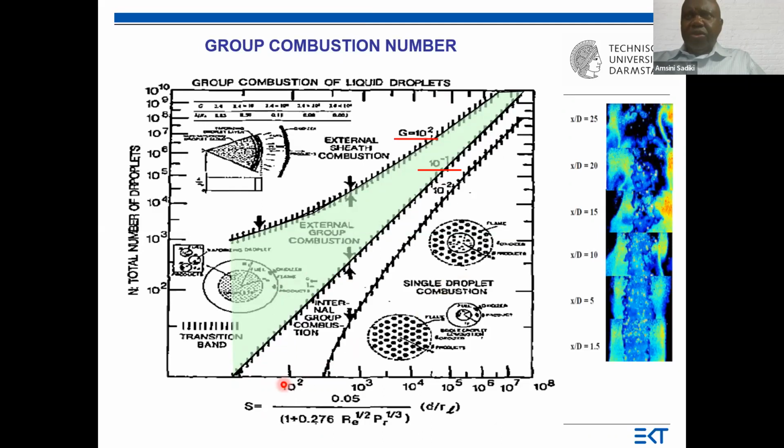For that, we first use this distance between droplets, as we had learned before. This quantity is proportional to this ratio of the diameter of the droplet and the length scale. And here we have the total number of droplets. For that, we decide to get their group combustion number, and we could classify this here.